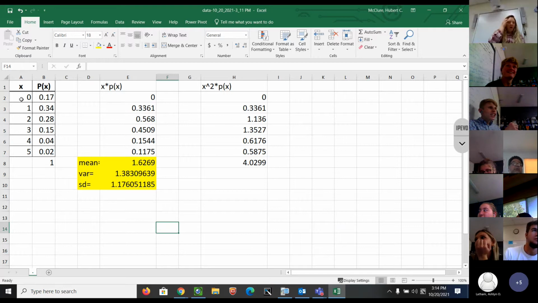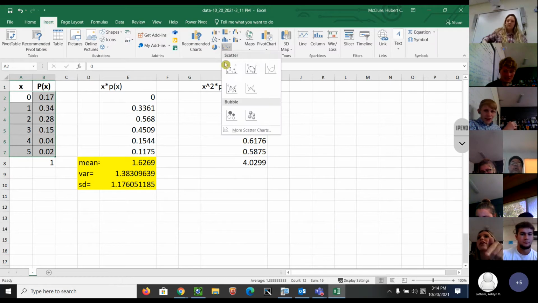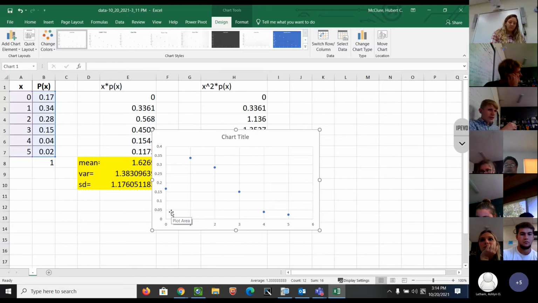And what does it look like? Let's see what it looks like right quick. Insert chart plot. That's what it looks like. Goes up then down and levels out.